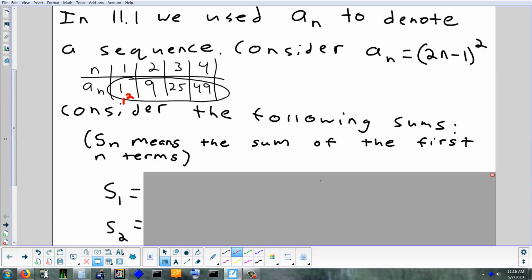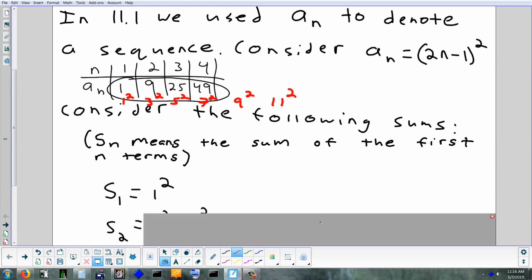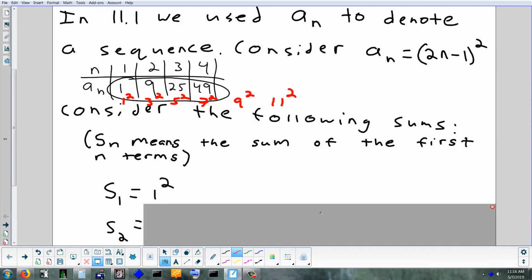This is really 1 squared, 3 squared, 5 squared, 7 squared, 9 squared. It's odd numbers squared. That's the pattern here. I think if you write it like that, you see it a little easier. So the first number is just 1 squared, or just 1.